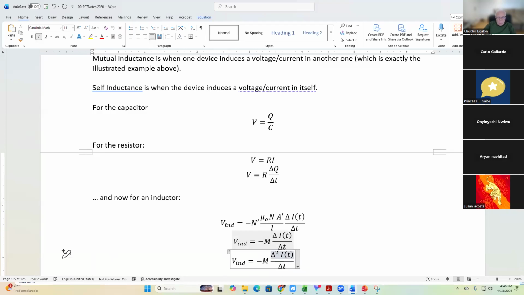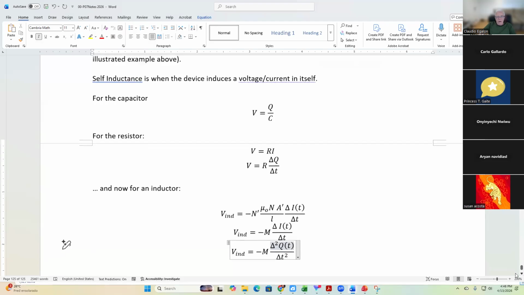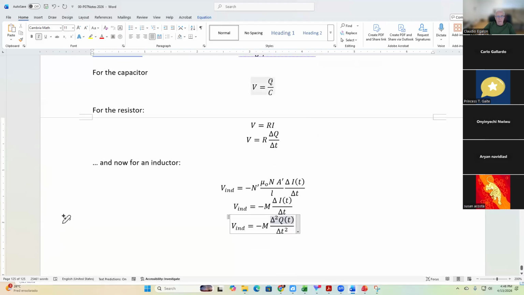It is as though we are increasing the change in the charge. Here's the charge with no change. Here's a change of charge in time. And here is twice the change of charge in time. Do you see what's happening here?